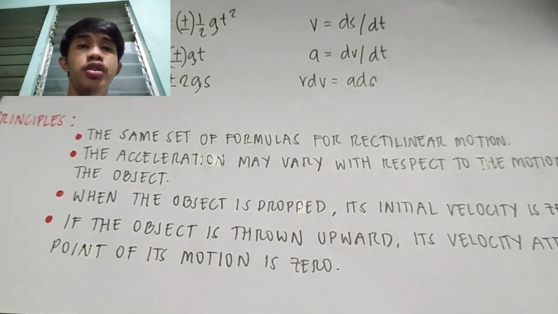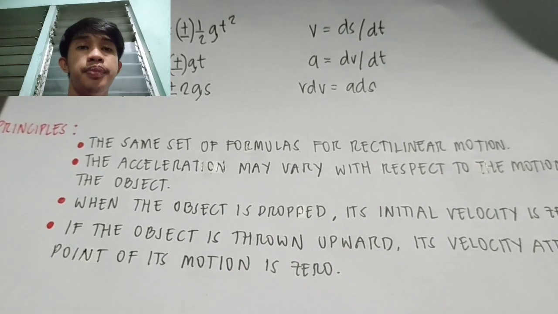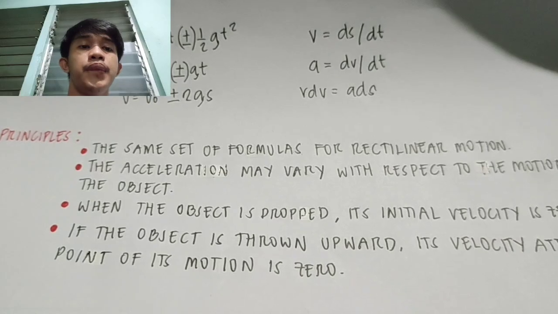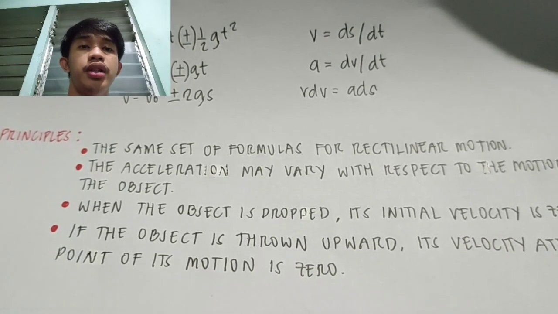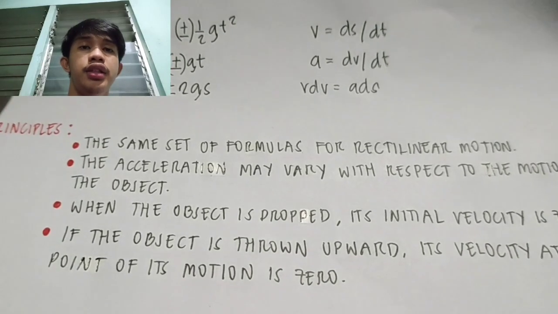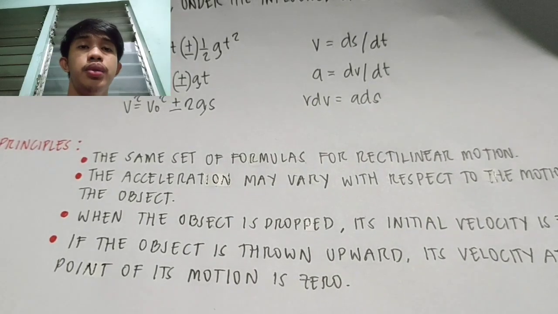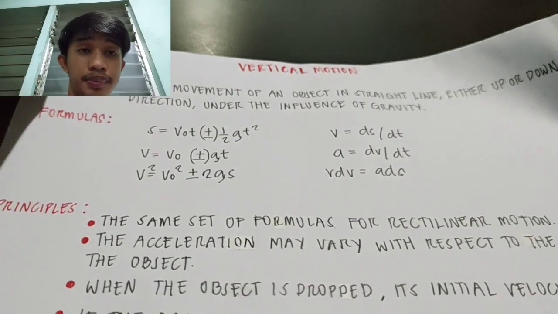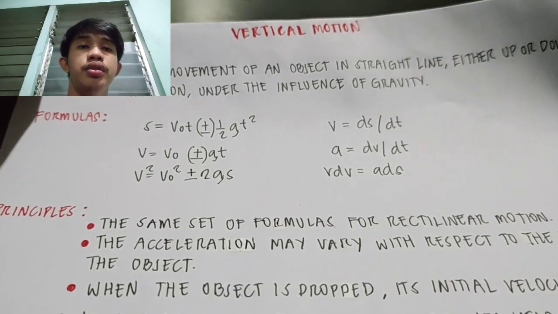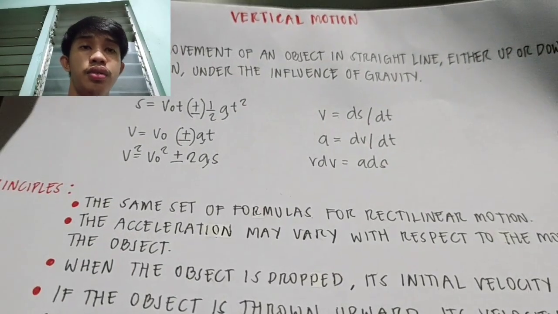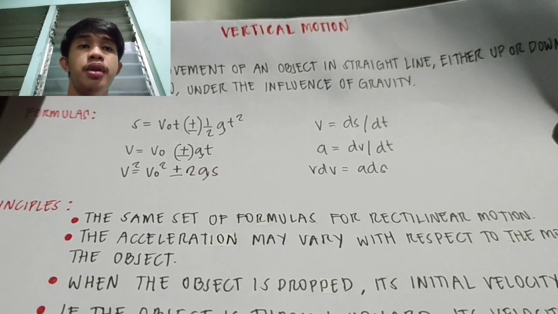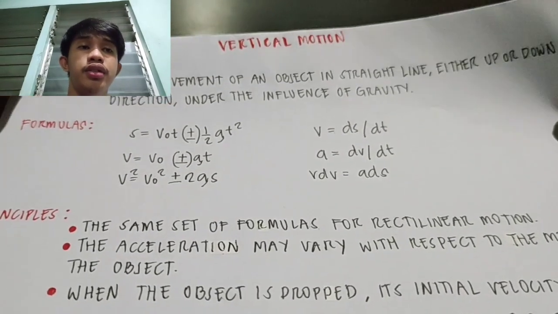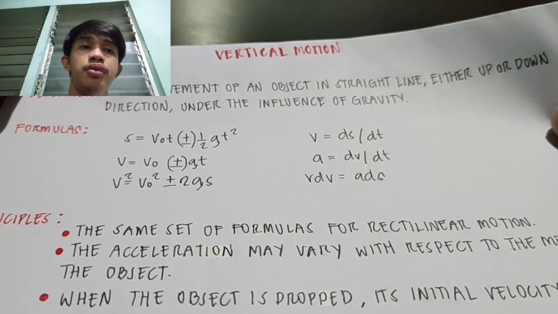It is the same concept as dropping a ball from a height, and its motion changes into falling. So that's the principle of vertical motion. Without further ado, we are going to solve some practice problems to dig deeper into vertical motion.